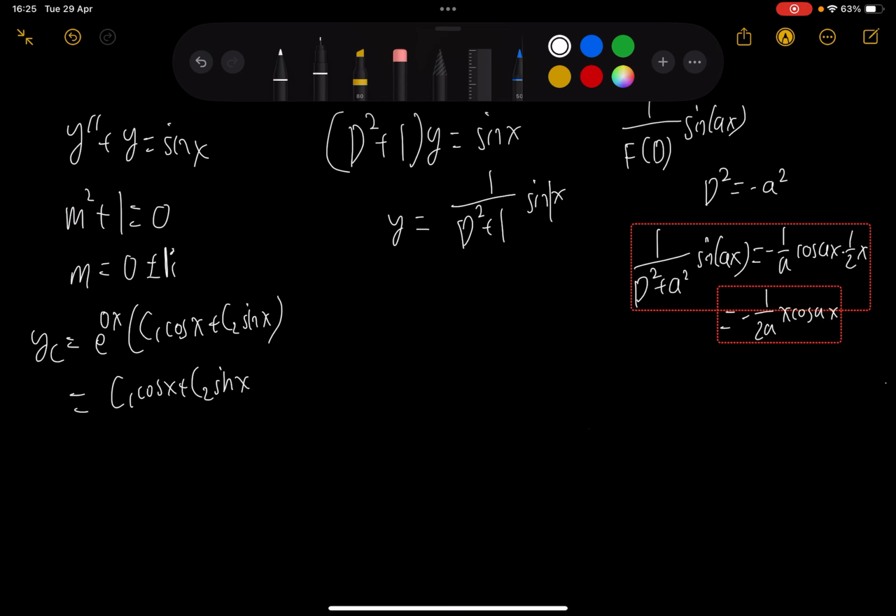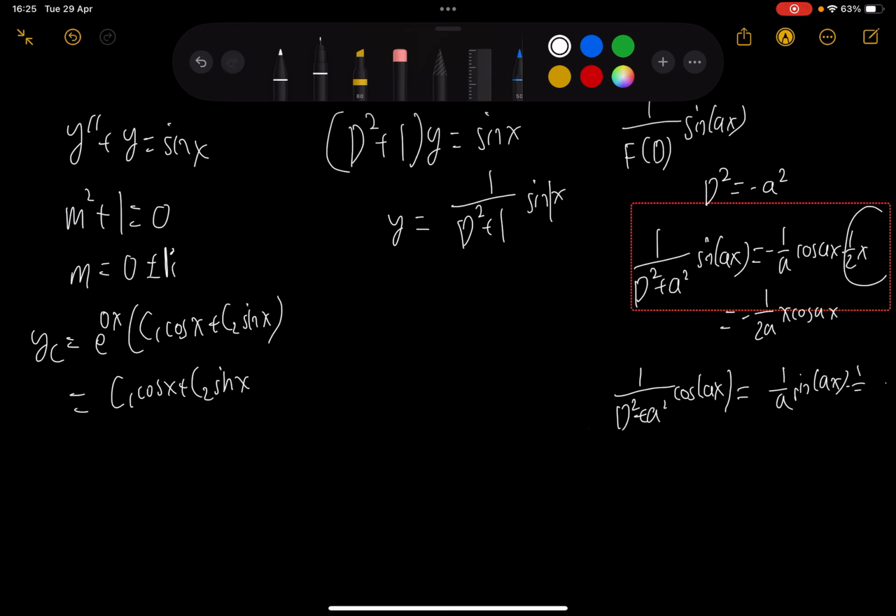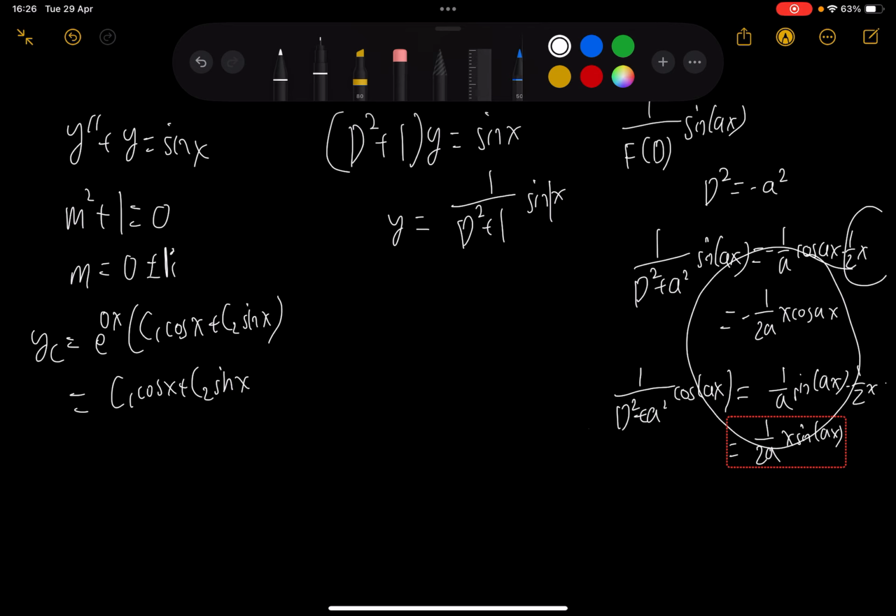And for cosine, it is pretty much the same. Integrate cosine x, you get 1 over a sine x, and multiply by x over 2. Therefore the answer is 1 over 2a x sine ax. This is the standard form. When D squared plus a squared is equal to 0, you have to use these two formulas.